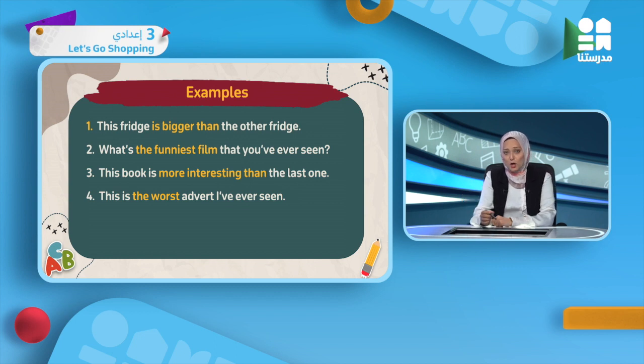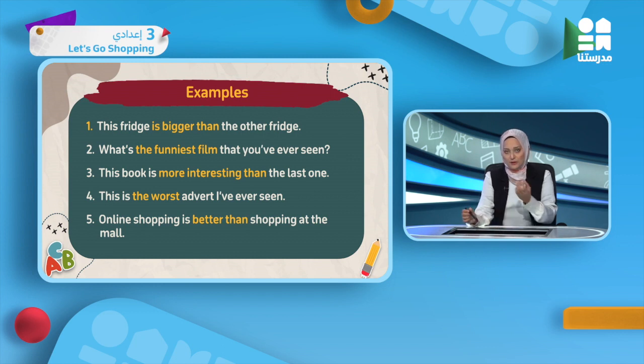I say the worst advert I've ever seen. عندي I've ever زي ما قلت لكم لما أشوف ever I use the superlative. بستخدم ال superlative form. وعشان bad هي irregular so I say the worst. Online shopping is better than shopping at the mall. Comparison ما بين ال online shopping and shopping at the mall. فبستخدم ال comparative form. Good طبعا من ال irregular adjectives so I have to say better than.